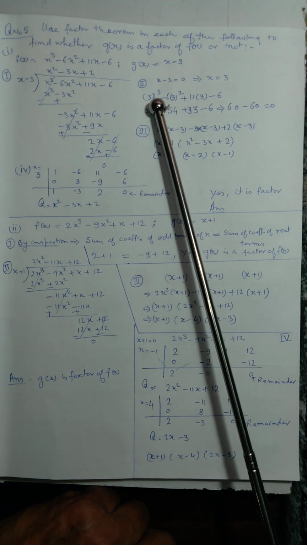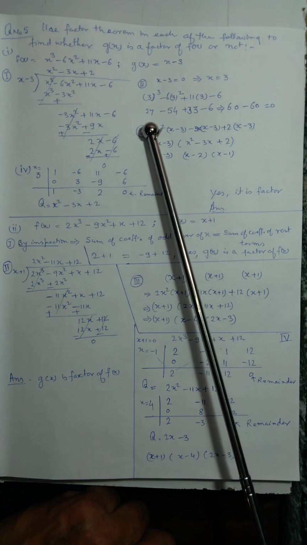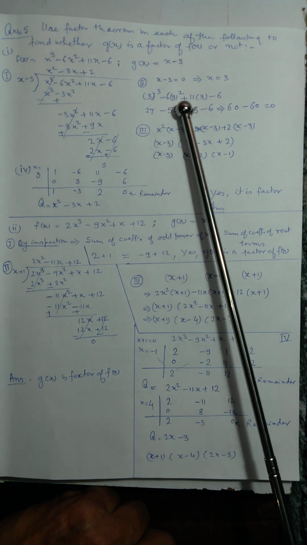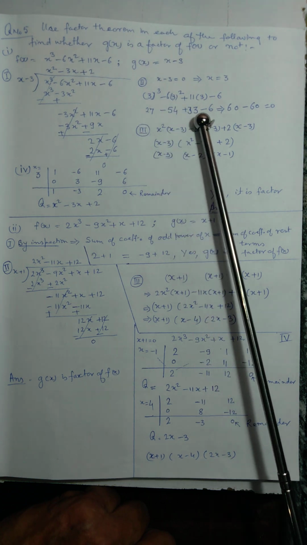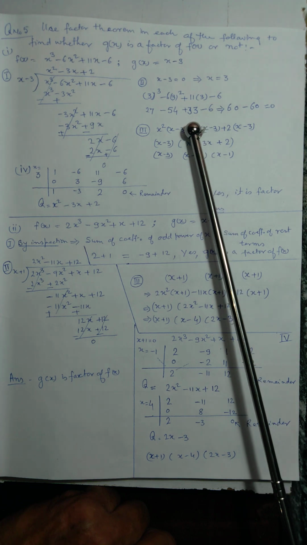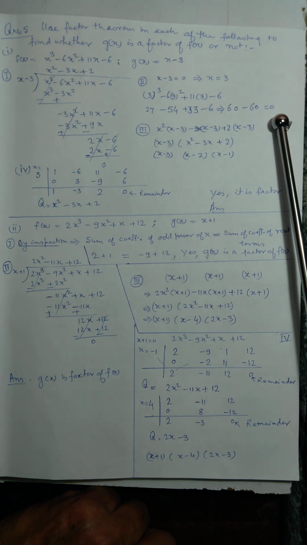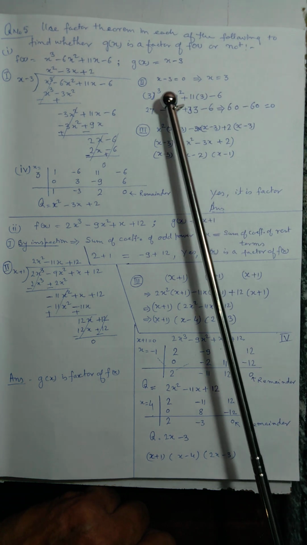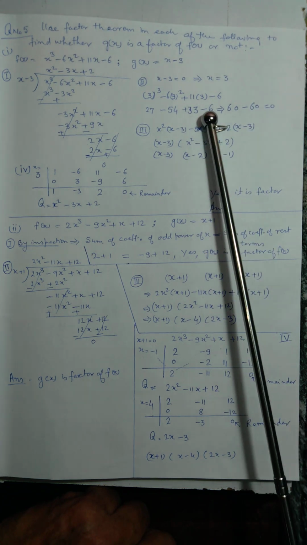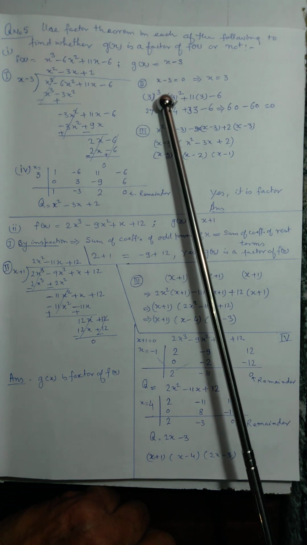Now solve it. 3 cube will be 27, and 6 into 9, that will be 54. 11 into 3, that is 33, minus 6. Solve it. You will get 60 minus 60, that will be again equal to 0. It indicates that g(x) is a factor of the given expression. This is the second method.